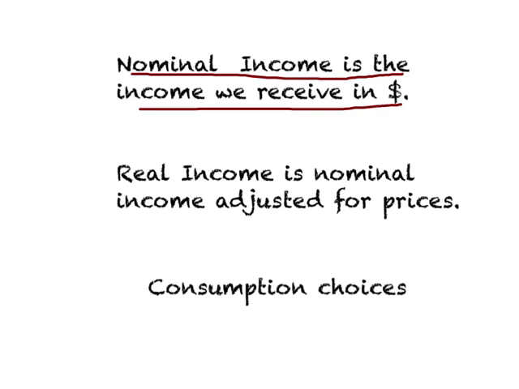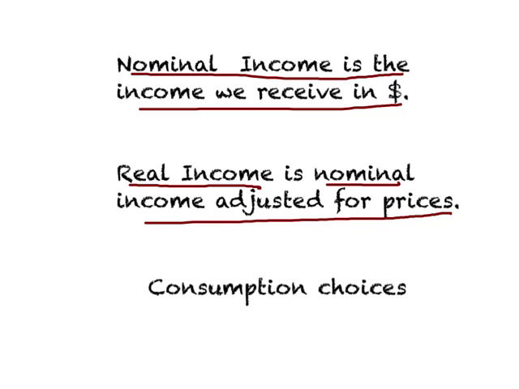In the example that I gave you, the nominal income of that person is $10. Then real income. What is real income? It is simply nominal income adjusted for prices or price level. In the previous example, the real income of this person is 10 apples, the quantity he or she can buy given nominal income and prices.